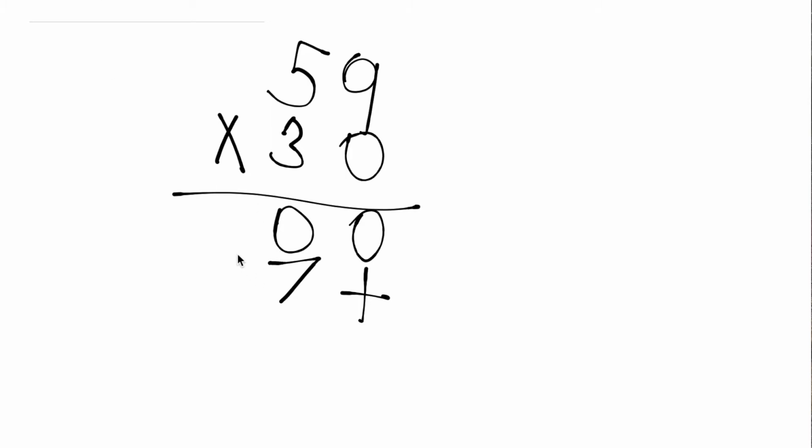And we put 5 here and 1 here, and of course we add it again. So 0 plus imaginary 0 is 0. And 0 plus 7 is 7. So we put 7 here.